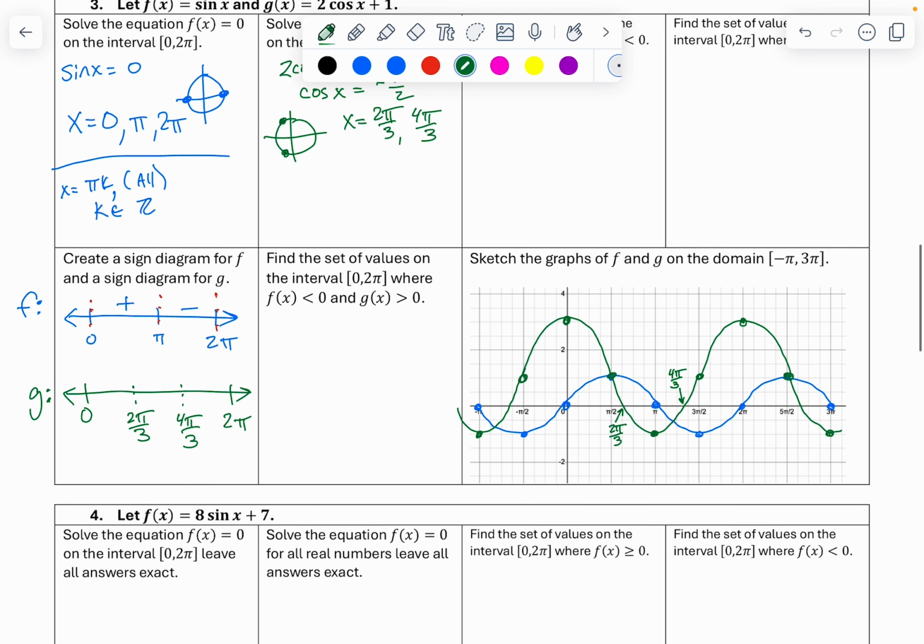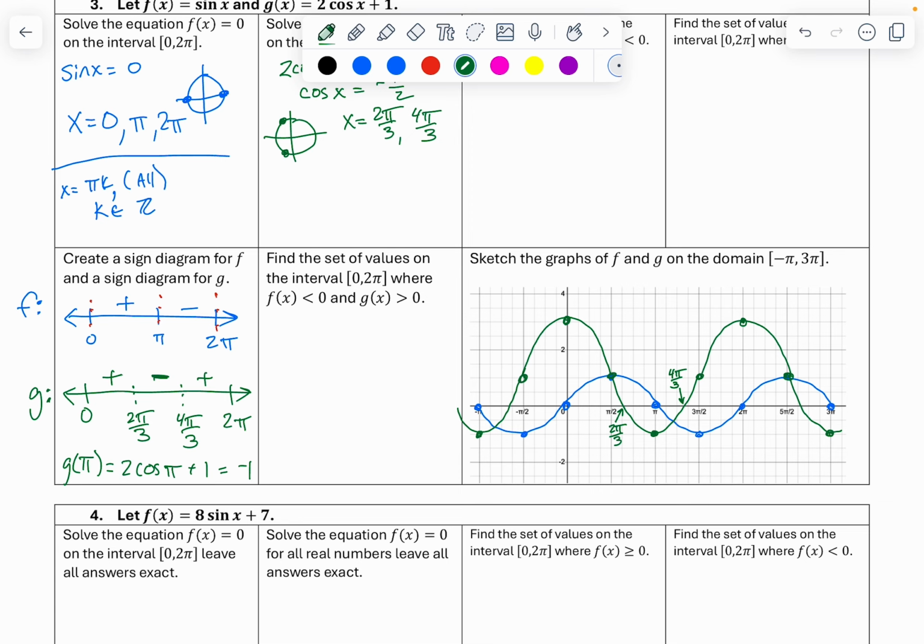Between 2 pi over 3 and 4 pi over 3 is pi, so we can say g of pi would be equal to 2 cosine pi plus 1. Cosine of pi is negative 1, times 2 is negative 2, plus 1, so that equals negative 1. So this is going to be negative. And so it's positive, negative, positive.